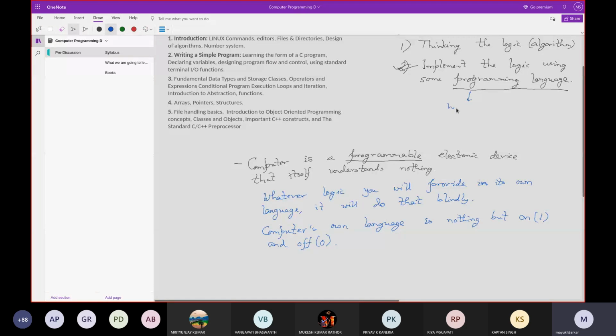But the programming languages that software developers use today are high level programming languages.